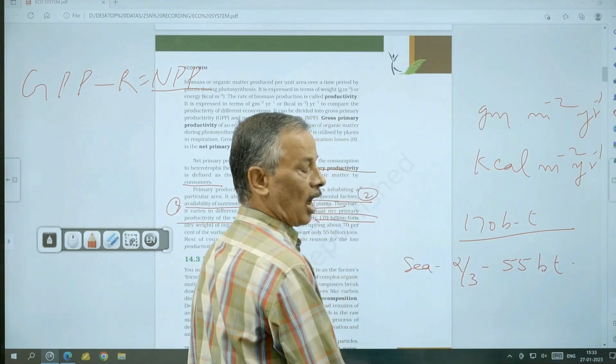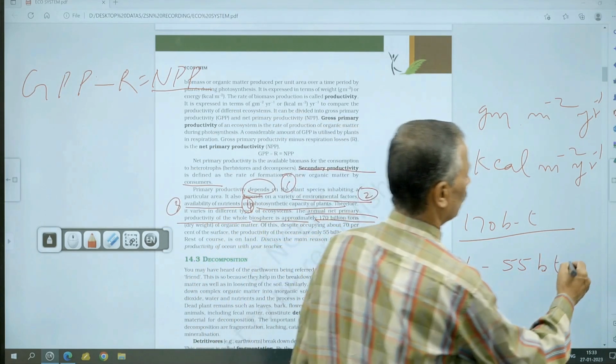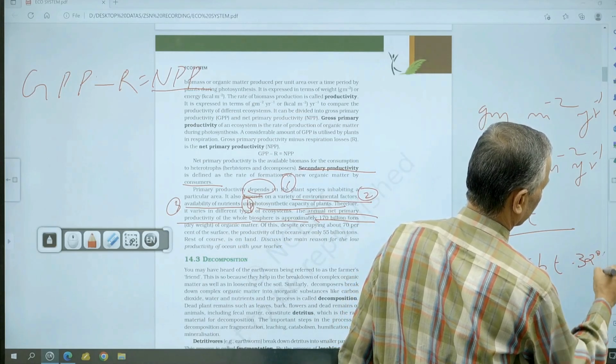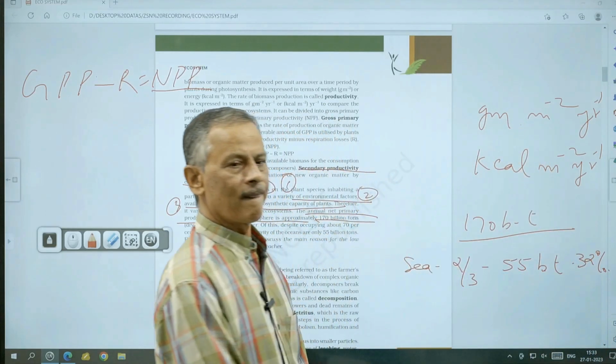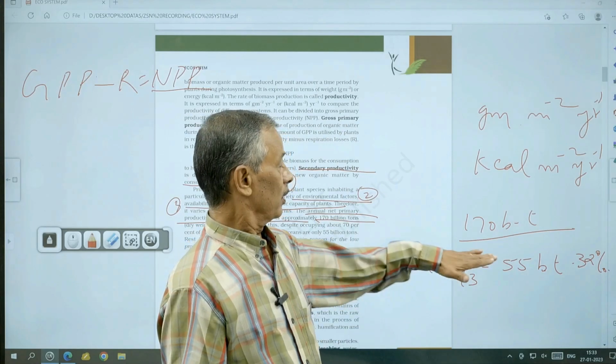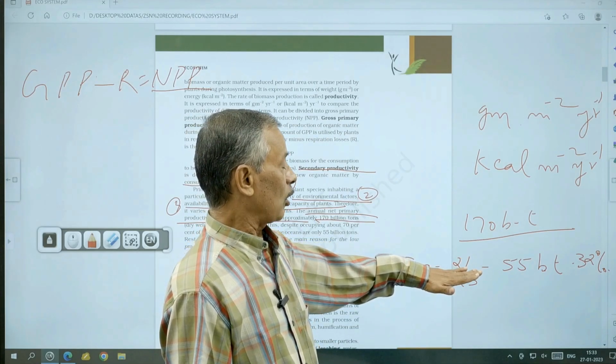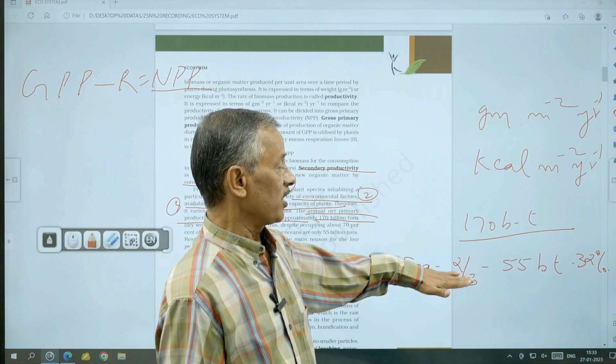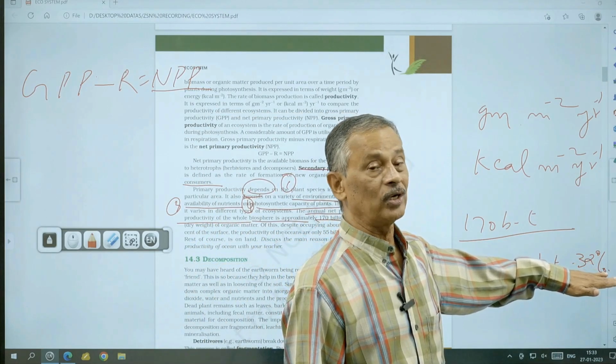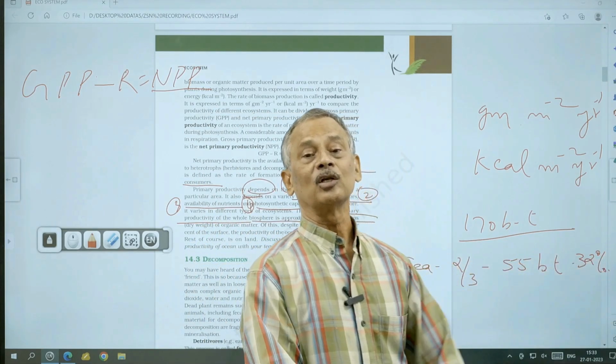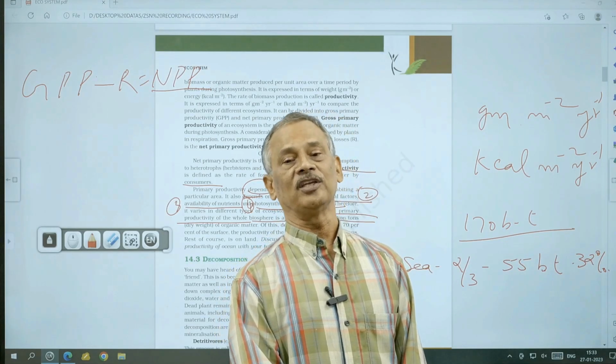That accounts for just 32%. Though the sea accounts for 2/3 of the surface area, it is responsible for only 1/3 of the total productivity.